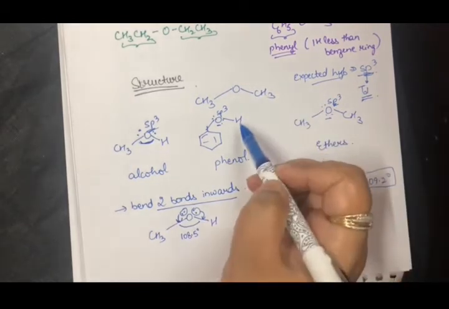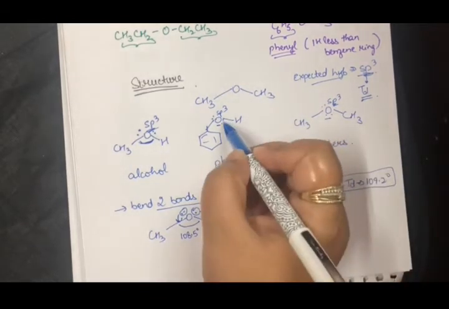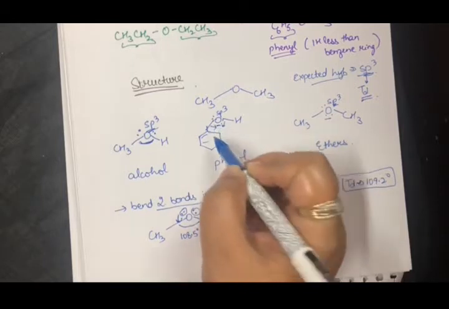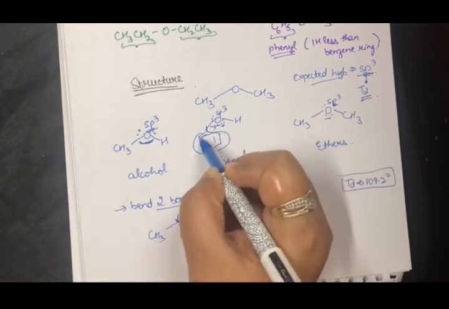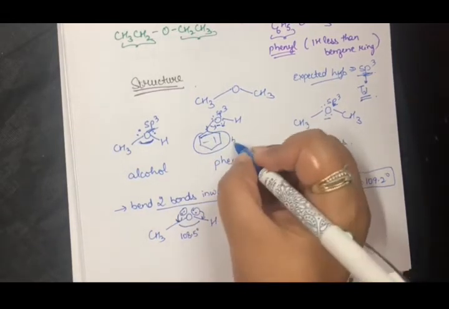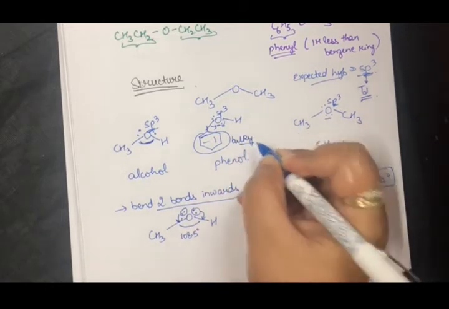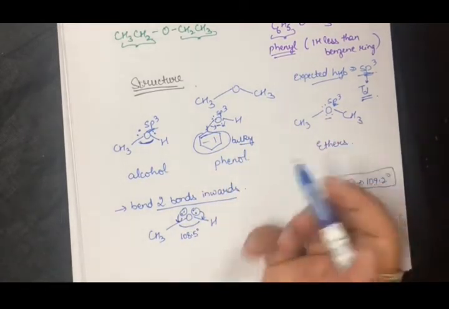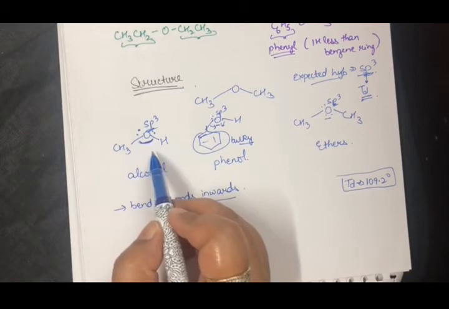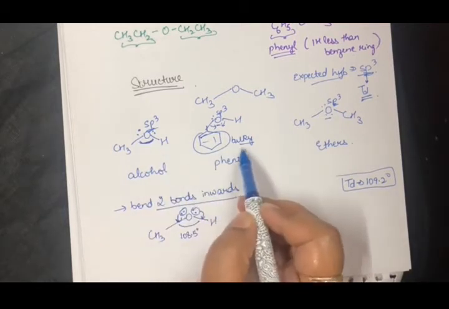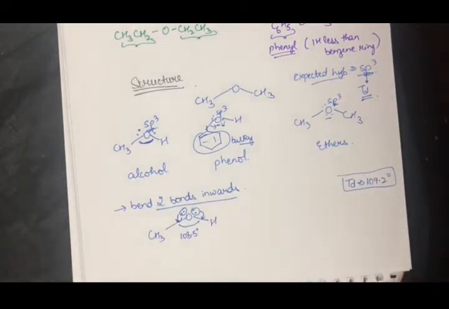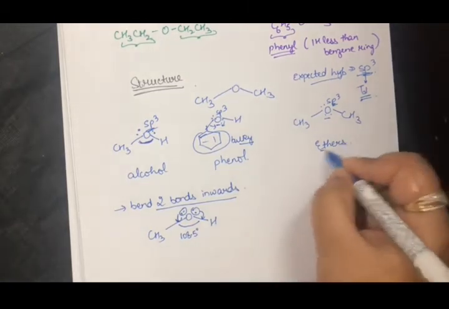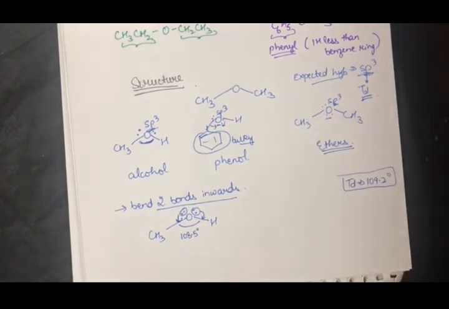Same thing happens in phenol. In phenol, again, the lone pairs are bending the bonds inwards, but because this benzene ring is bulky in nature, the bend is not as much as it was in the alcohols. So here also the angle is almost equal to the tetrahedral angle. But what about ethers, since we are more concerned about ethers here?